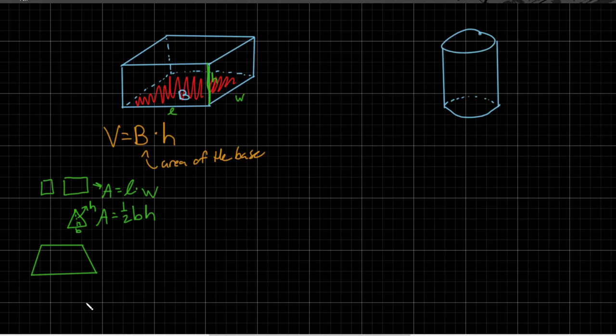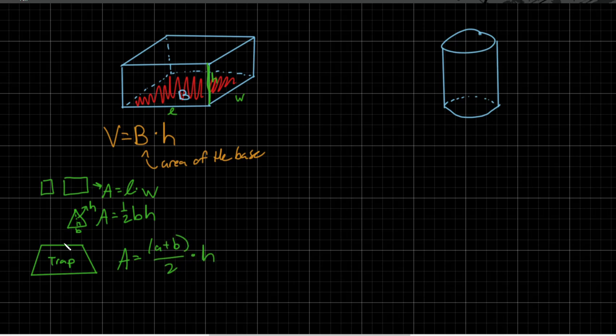A rhombus? No, trapezoid. Yep, trapezoid. And remember the area formula for a trapezoid. Say it again. Yep. So a plus b over 2 times our height.